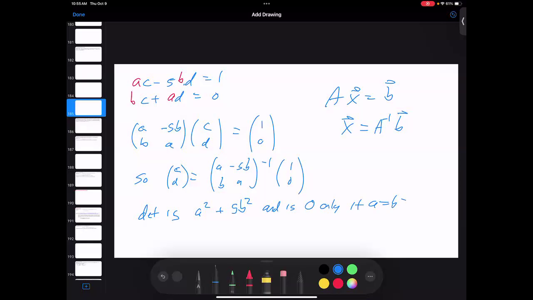A equals b equals 0, which gives 0 plus 0 square root of minus 5 equals 0. So the only time the determinant is 0 is when I take the 0 element. Any other choice of A and B gives me a determinant that's not 0, so it's invertible, so I can solve for C and D.